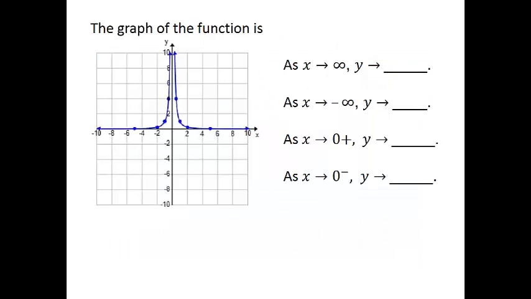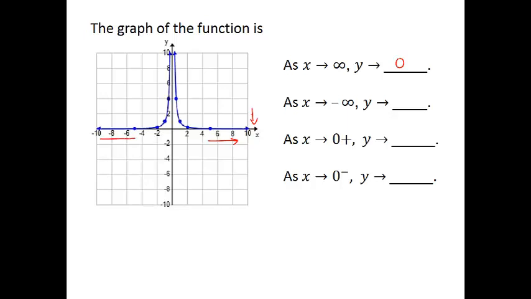So when we graph this, we're going to get a very similar picture, except that both pieces will be above the x-axis, right? Because all the y values were positive when we squared. As x goes to infinity, so as x is going to the right, notice again that the y values are getting closer and closer to the x-axis, which has a y value of 0.